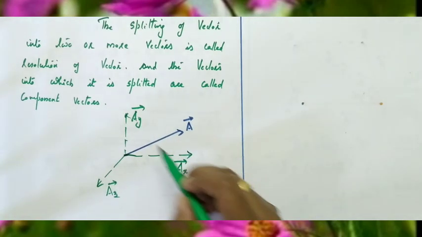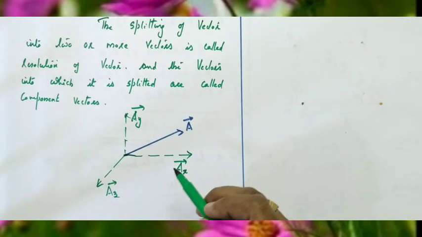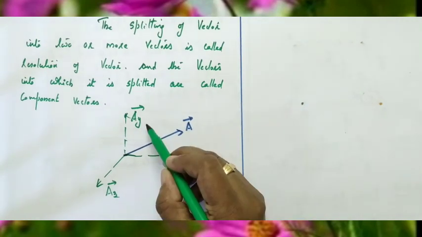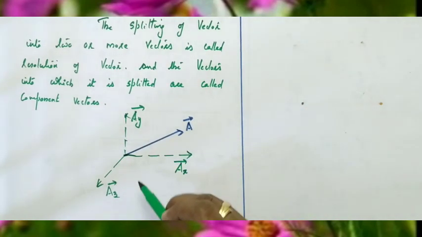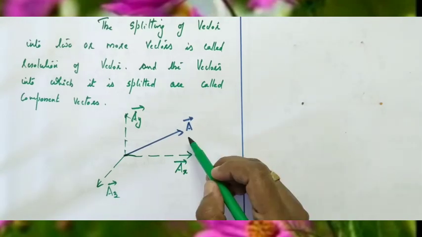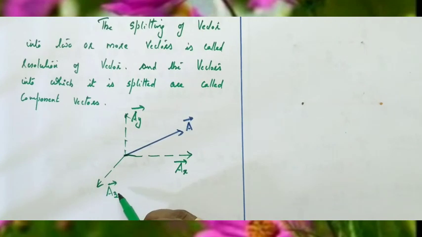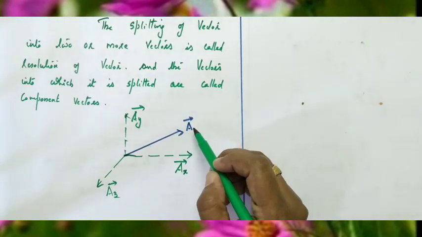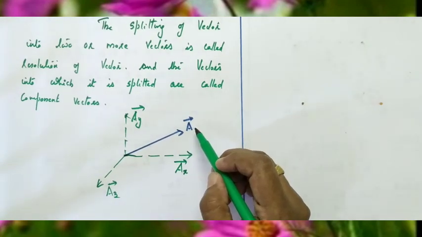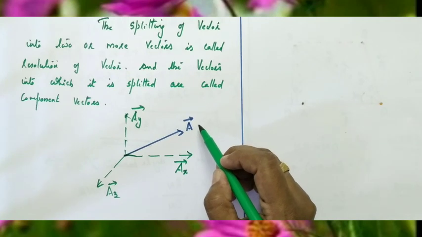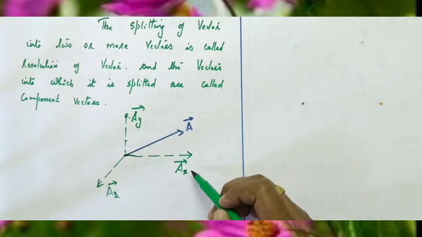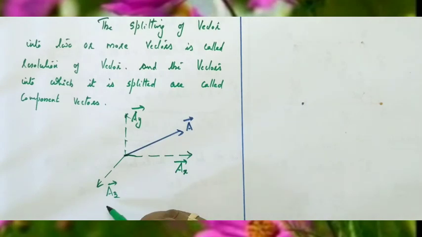Or we can split the vector into two components also. What are they? Ax and Ay. In a plane we can consider only two components, Ax and Ay. In space, or three-dimensional motion, we have to consider all three components along the x-axis, y-axis and z-axis. Anyway, any vector can be split into two or three components. Here vector A can be split into vector Ax, vector Ay and vector Az.